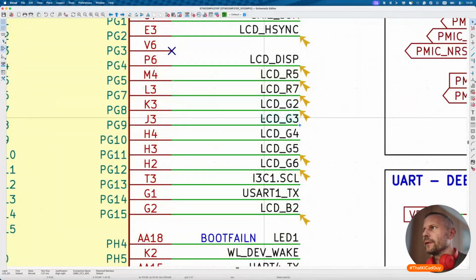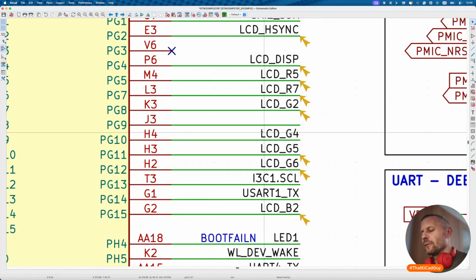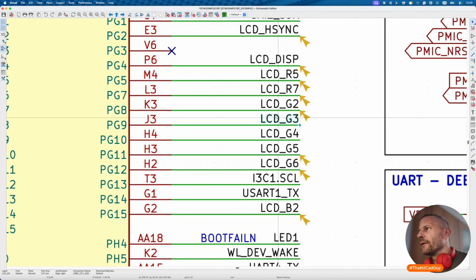Okay, so if I check it, no, not this one. Yeah, there is this sucker. So when I marked the label and the net, it means that the empty label is not selected.